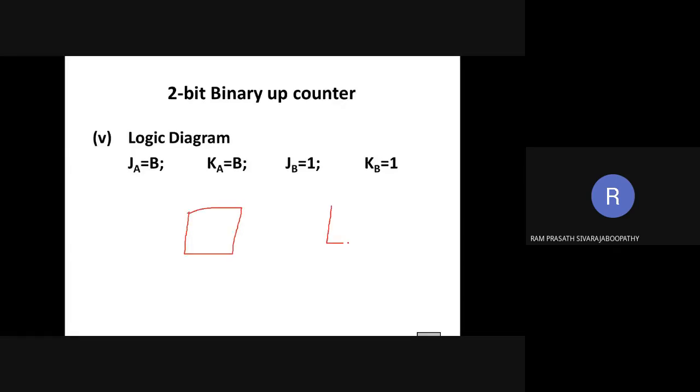So you consider the first one as flip-flop A, and this one you consider as flip-flop B. Okay, so each has a clock input, so both have to take it as common.